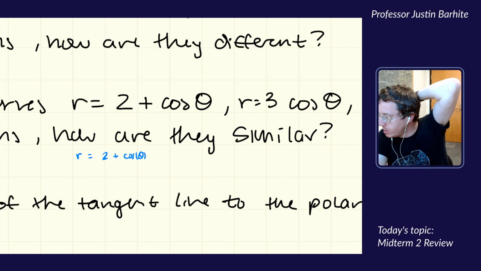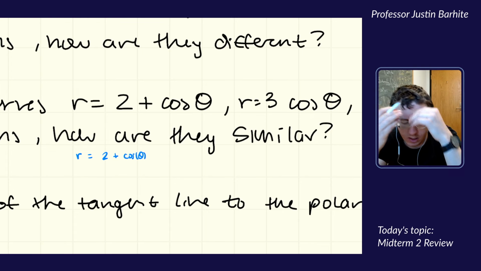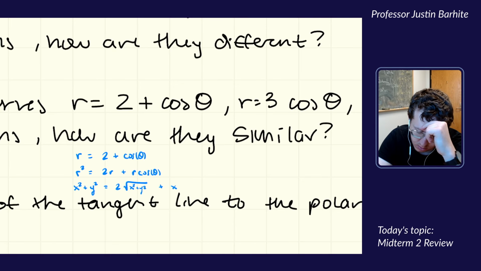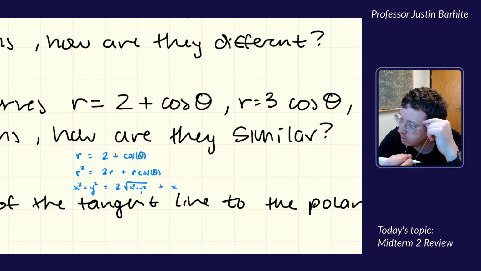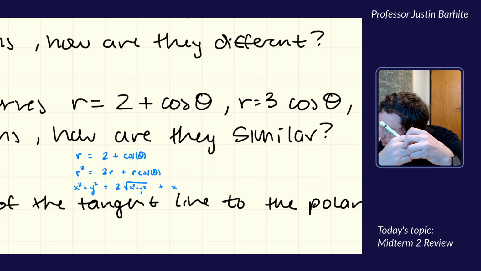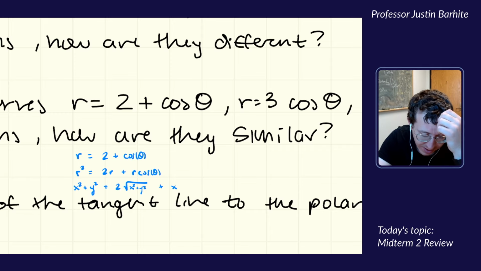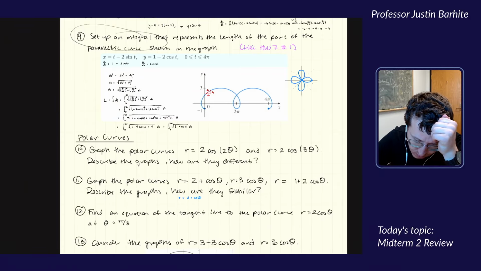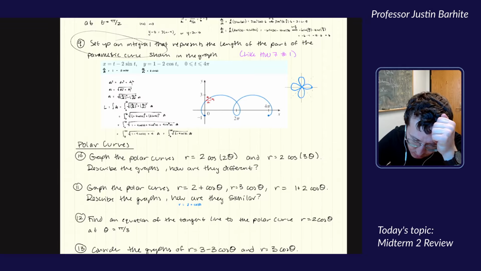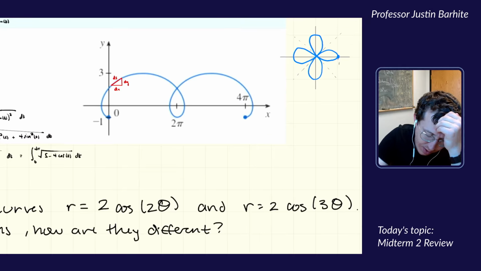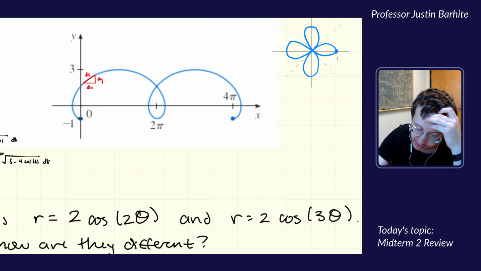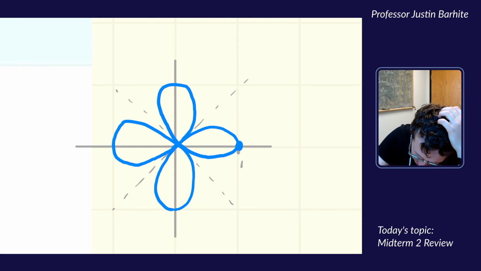What about the 2 that's multiplied by cosine of 2 theta? Oh, I was kind of ignoring that, but multiplying r by a constant factor is just going to stretch everything out.